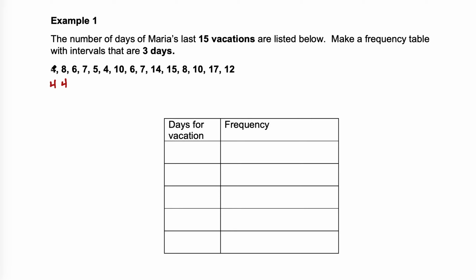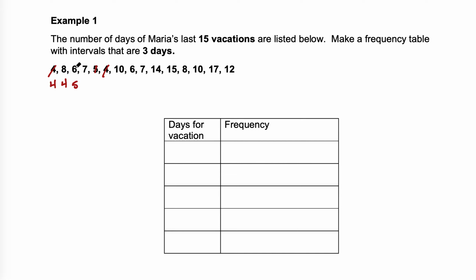I'm going to cross them off as I go so I don't accidentally reuse them. And then it looks like there's a 5. Now, this is just a minor detail, but if you have trouble keeping all the numbers organized, I like writing them underneath the other ones so I know when I write all of the numbers out. And I don't see any more 5s.